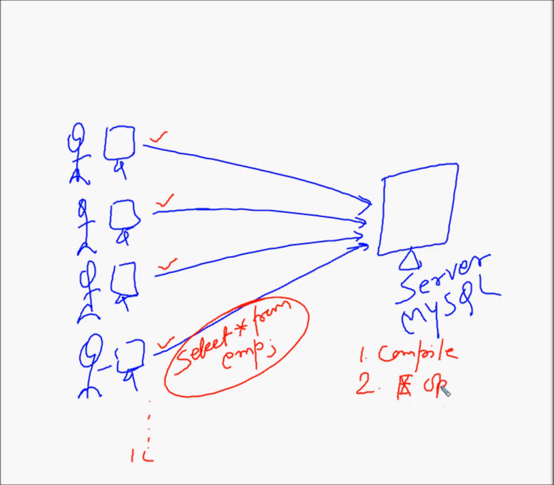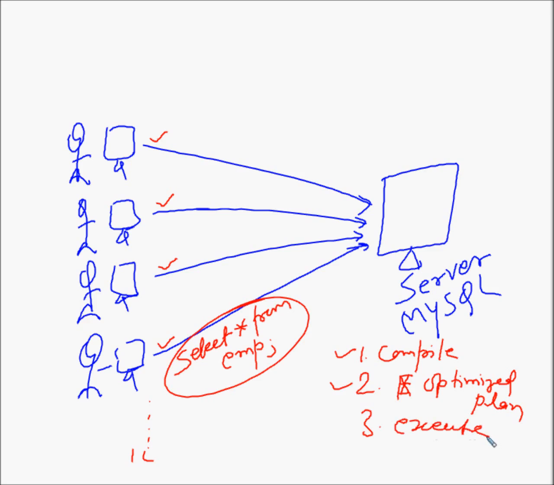Suppose it generates 10 plans, just as an example. Among all these plans, it finds the best, optimized plan, and by using that plan the query gets executed.